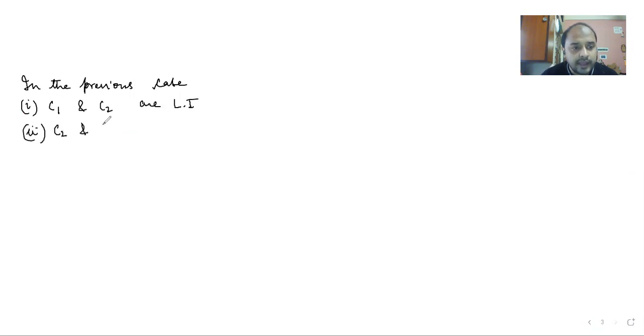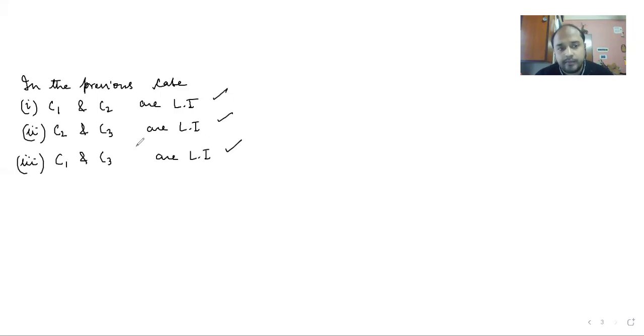So in this matrix representation, in the previous case, number 1, C1 and C2 are linearly independent. Number 2, C2 and C3 are linearly independent. And number 3, C1 and C3 are linearly independent. So all of these pairs are actually linearly independent.